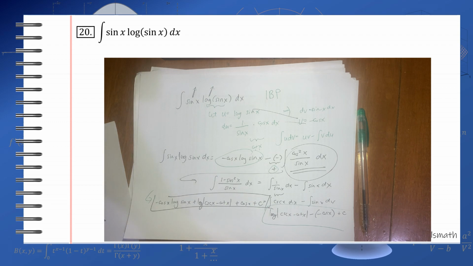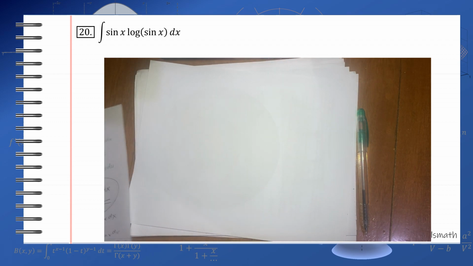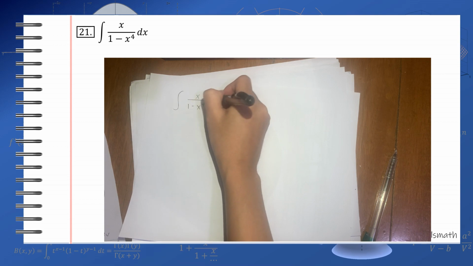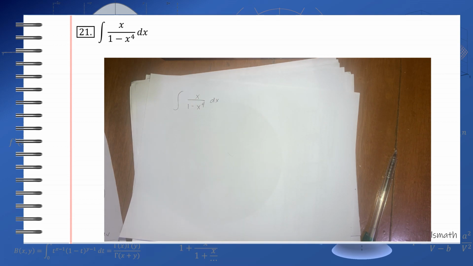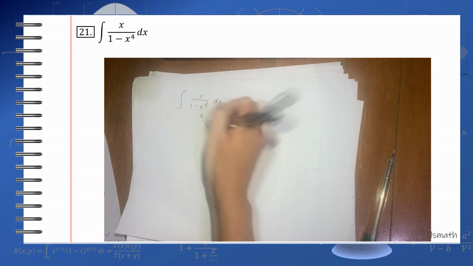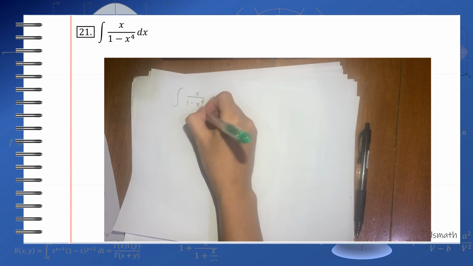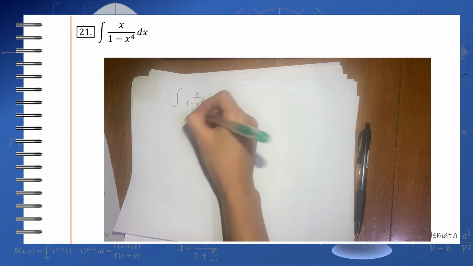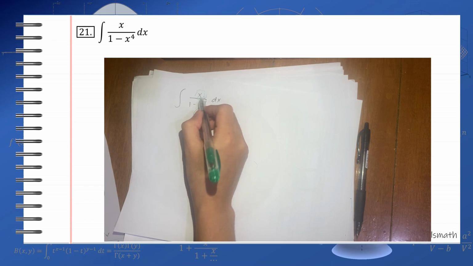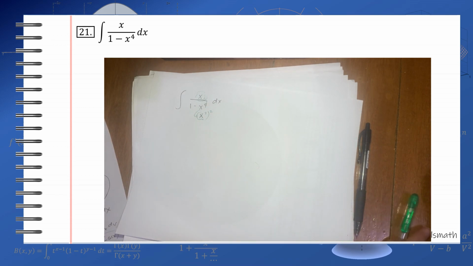Okay, next. Item number 21. The integral of x over 1 minus x to the fourth dx. Okay, you have an x to the fourth here, which is equal to x squared squared. So if we let u be x squared, we can get rid of this x in the numerator.